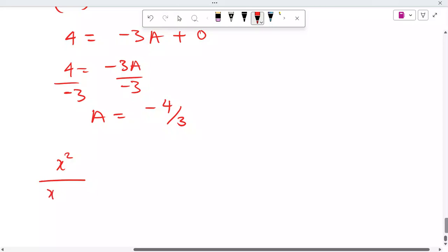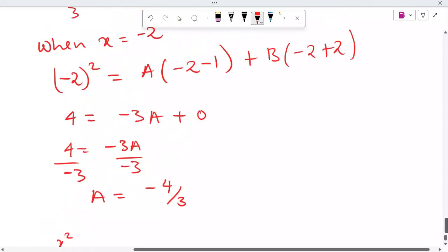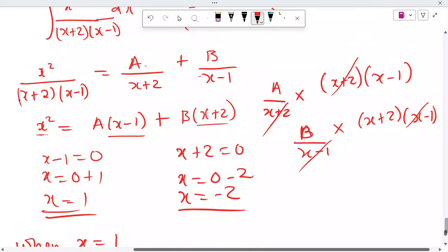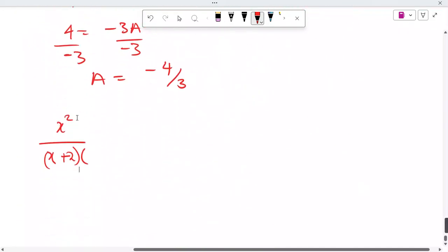Now since we know the value of a and b, so x squared over x plus 2 times x minus 2. So I'm just rewriting this equation here, and replace the values of a and b accordingly.